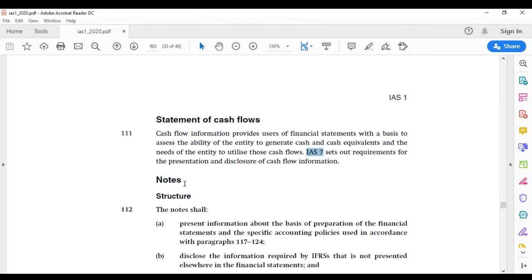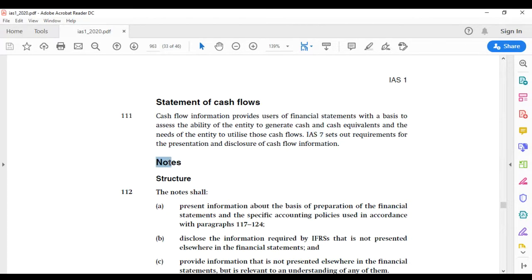So the last part we need to look at when it comes to IAS 1 is the part about the notes.